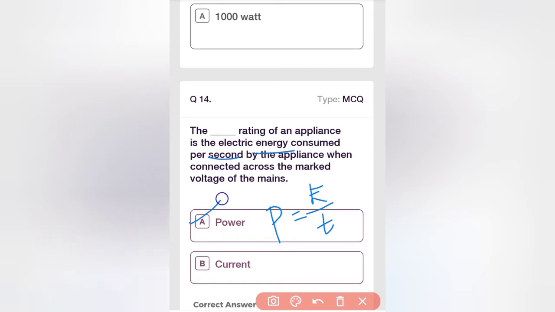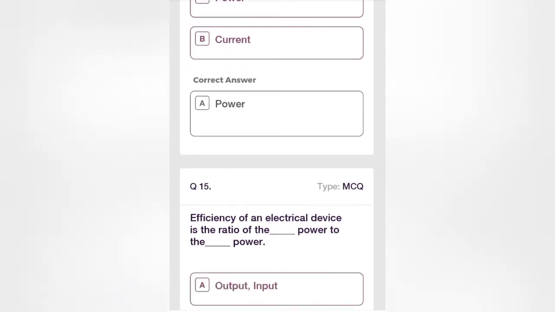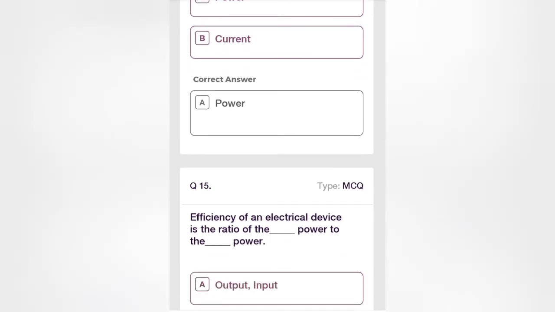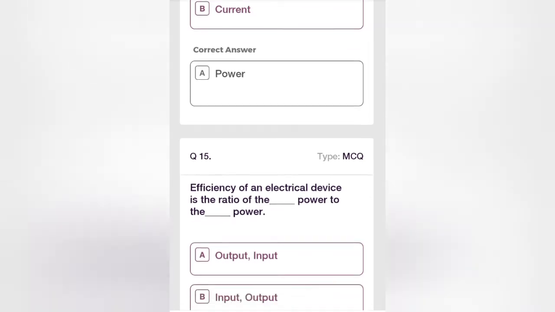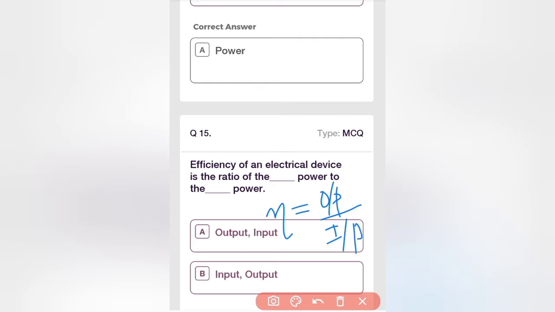So option A is the correct answer. Efficiency of an electrical device is the ratio of dash power to dash power. See, efficiency is defined as output power to input power. So option A is the correct answer.